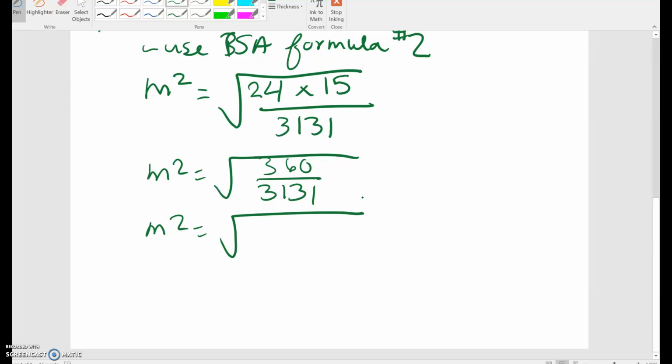Now you need to divide that out. 360 divided by 3131 gives you 0.1149792. You're going to take the square root of that entire number that you get in your calculator. You're not going to round your answer off to the 100th place until you have taken the square root of the entire number. All right?